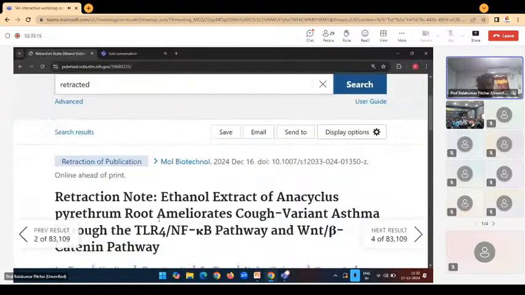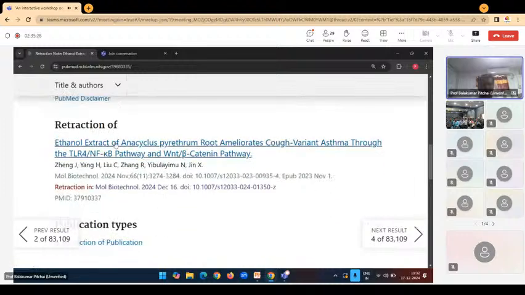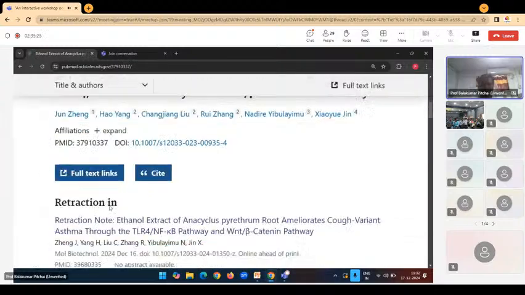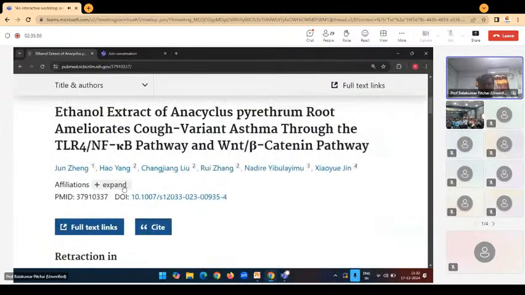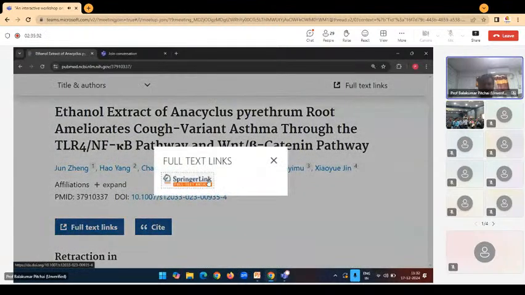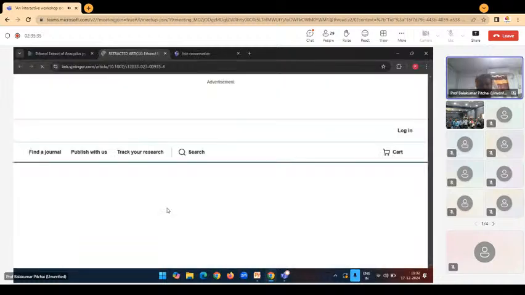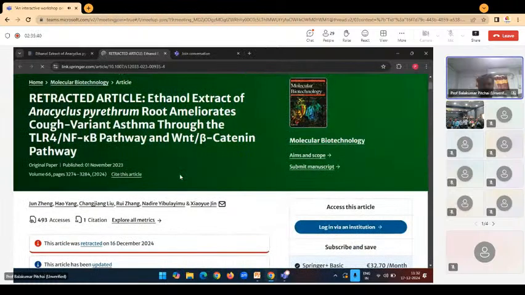Now I'm opening it, and see the retraction of this article. If you open this article, the abstract is there. And if you open the full text through Springer Link, it automatically directs you. So this is an article which is already retracted.